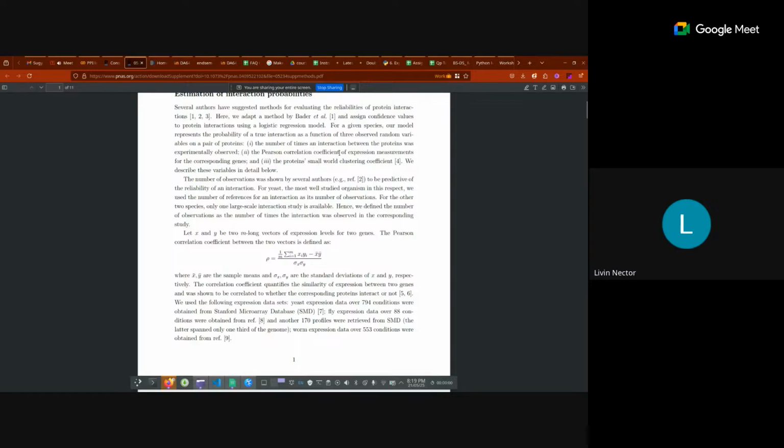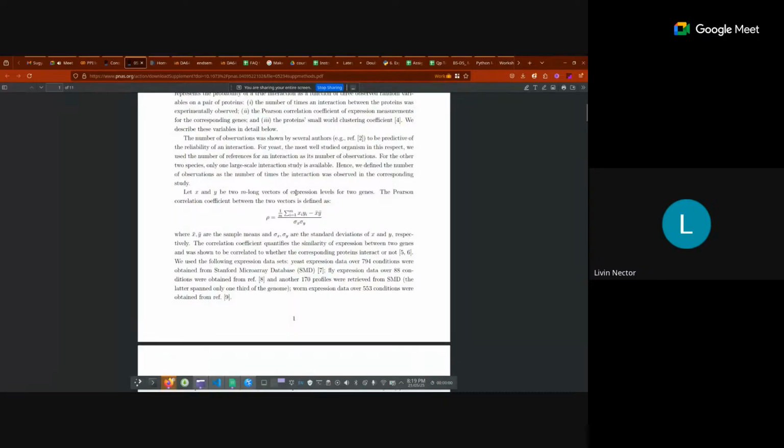Again, there is the Pearson correlation coefficient between the expressions of these genes, so we need the expression measurements for the corresponding genes.